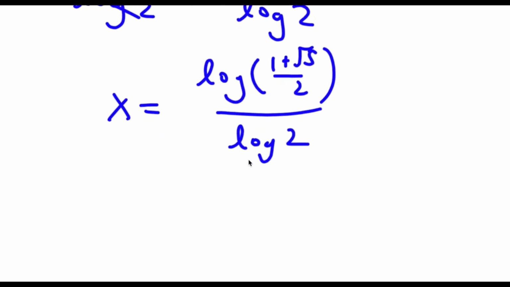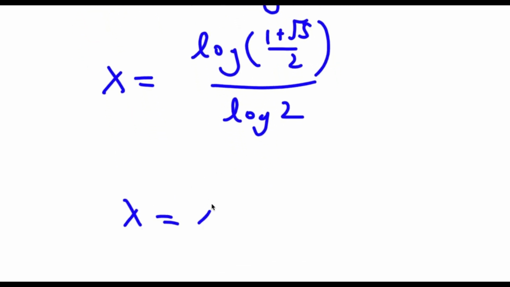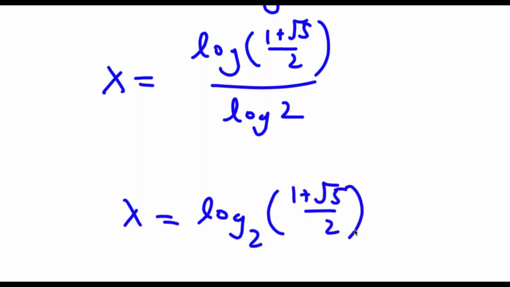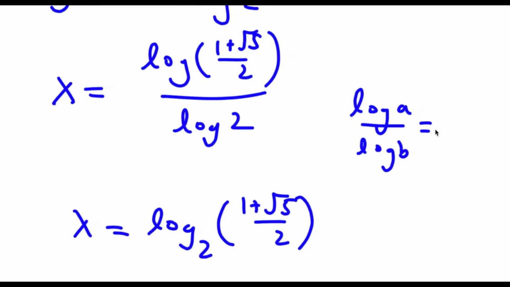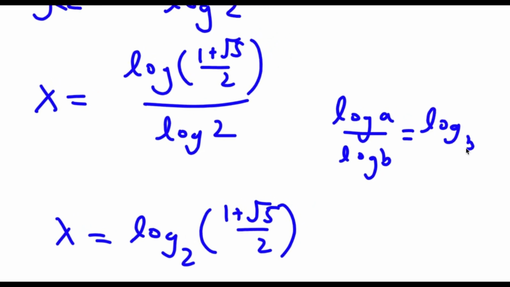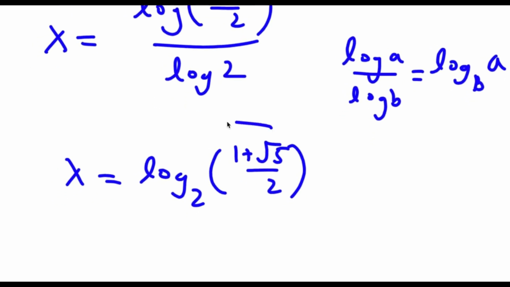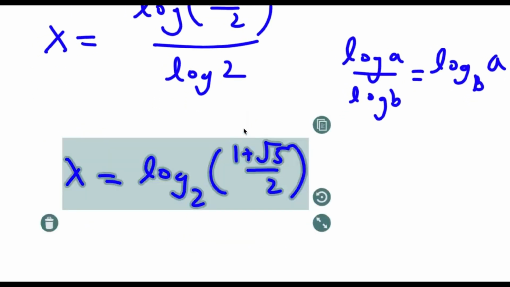So now this is the same thing as log base 2 of 1 plus the square root of 5 over 2. Because if I have something in the form log a over log b, this is simply equal to log base b of a. So this is my solution.